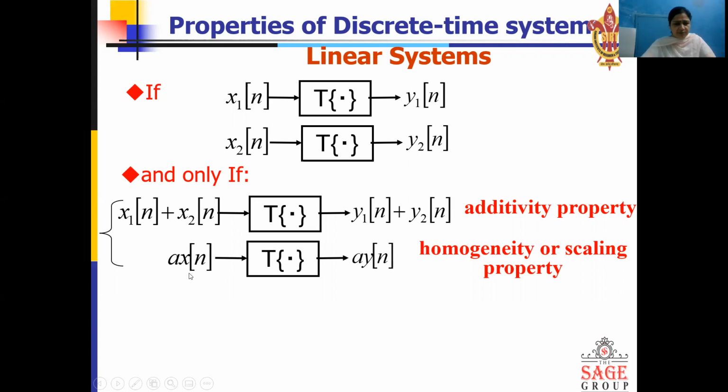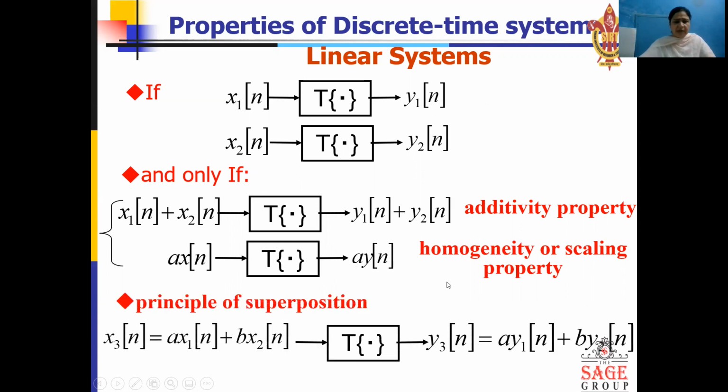According to this property, if I multiply my input x[n] by any constant factor a and give it to the discrete time system, I should get the output y[n] multiplied by the same factor a. The system which satisfies both these properties, additivity and homogeneity, which combined are known as the principle of superposition, is known as a linear system.